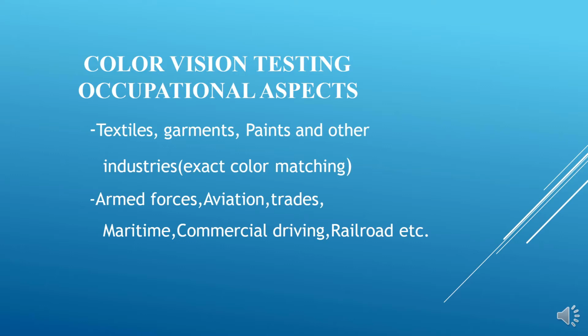Same way armed forces, commercial drivers, and think about the railways, that the person who's giving signals, if that person is colorblind to red and green, can you imagine what will happen? So in certain occupations, color vision plays an important role, and their color vision is being checked before giving them a job.